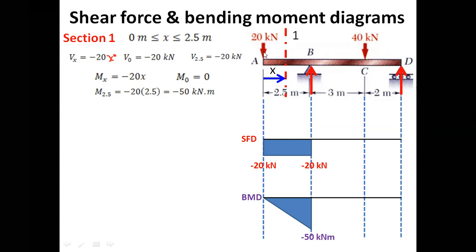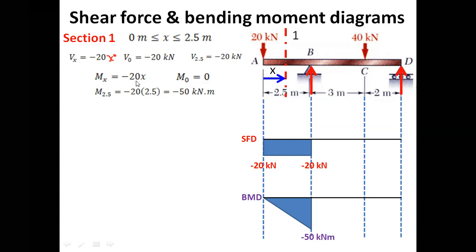So on the left hand side, clockwise moment must be positive, counterclockwise moment must be negative. So Mx is equal to minus for counterclockwise moment. And the moment itself is the magnitude of the force, 20 kilonewton, times the moment arm. And here the moment arm is x. The distance of this force from this section is x.